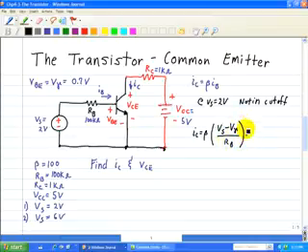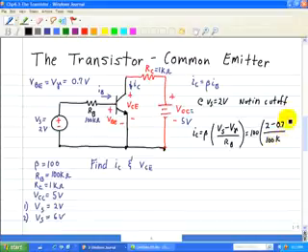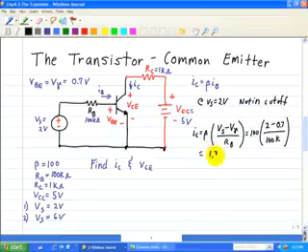Substituting the values for beta 100, Vs 2, V gamma 0.7, and RB 100 kilo ohms, we have IC equal to 1.3 milliamps.